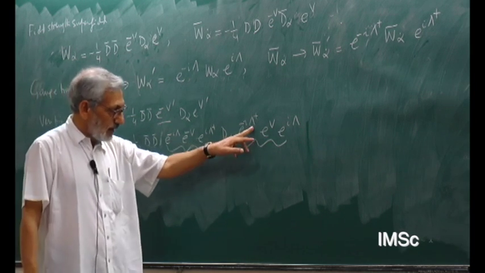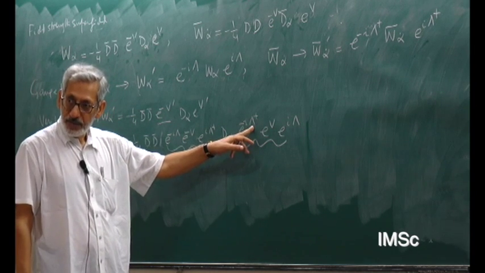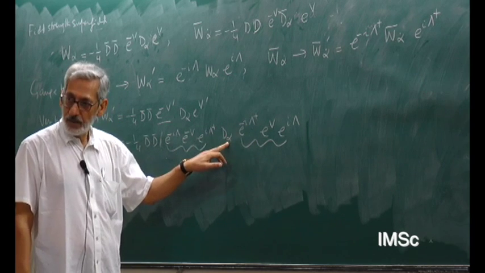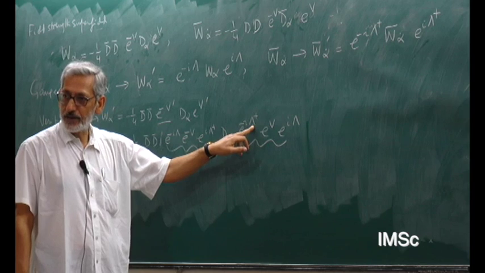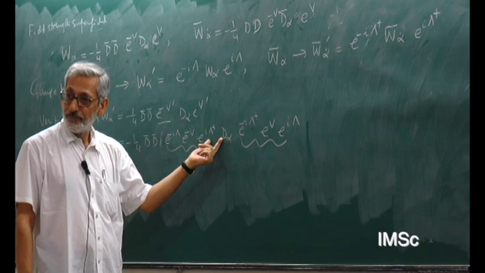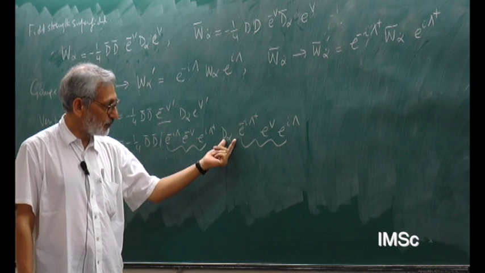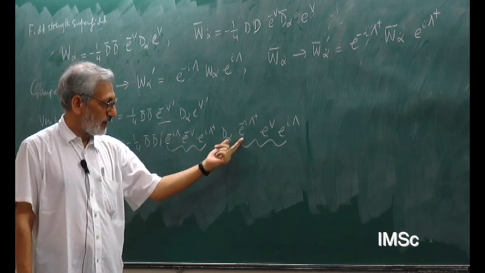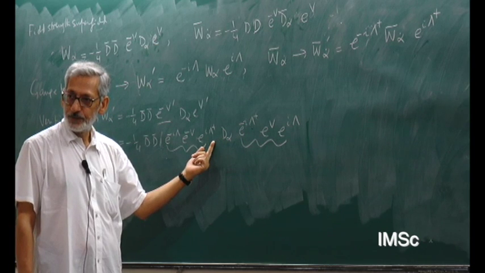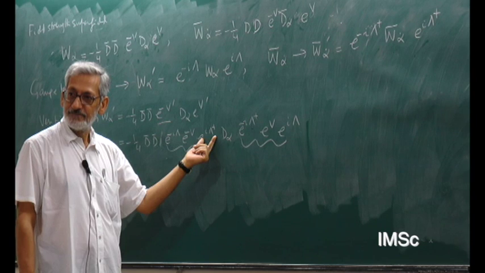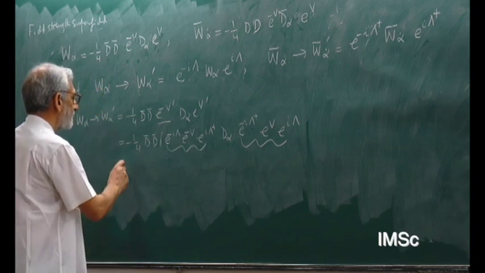Now notice lambda dagger is an anti-chiral superfield. D unbarred acting on lambda dagger is 0. So I can take it across here, because this object acting on lambda is 0. That phase will kill this phase.